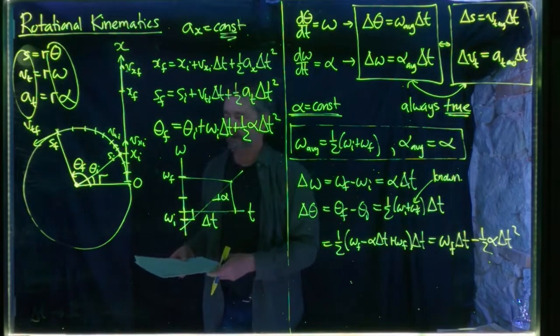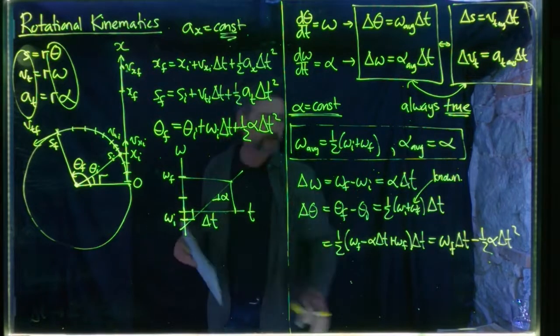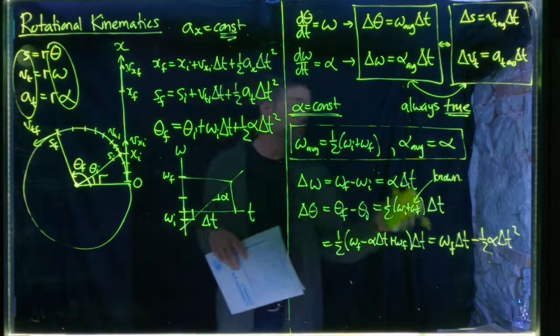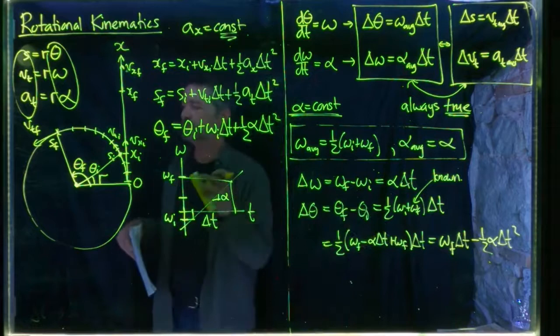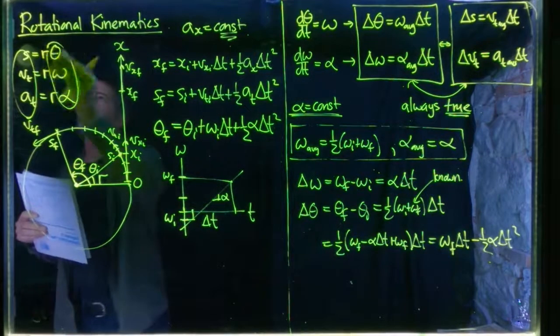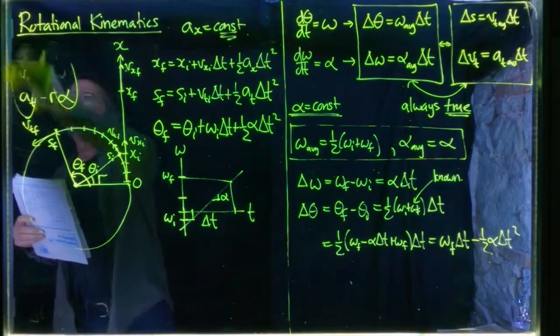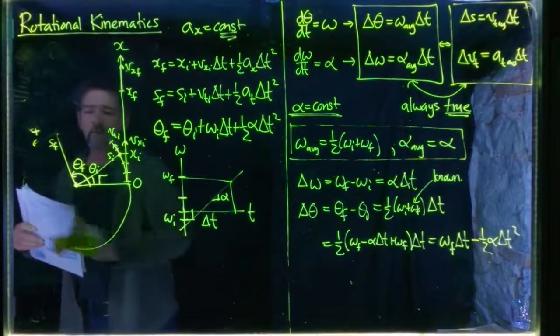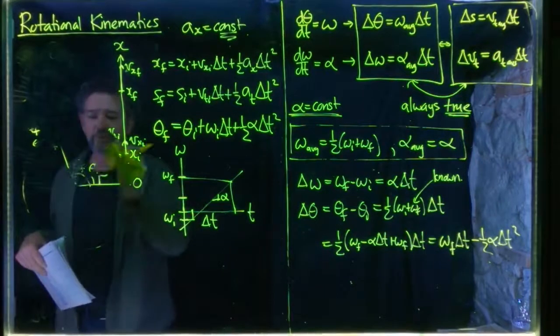So let's do a simple example here, of where we could apply a formula like this, where we knew omega final, but we didn't know omega initial. Okay, so let me erase this here. And we'll do just a really, really simple example of rotational kinematics.